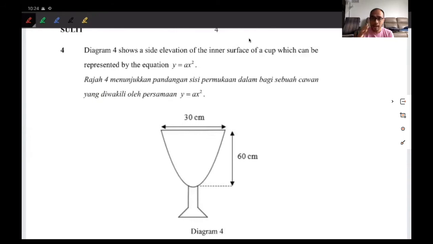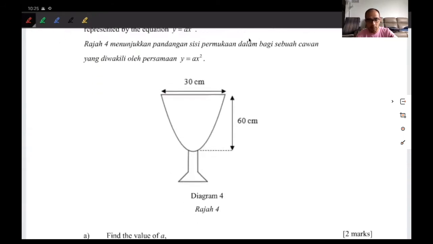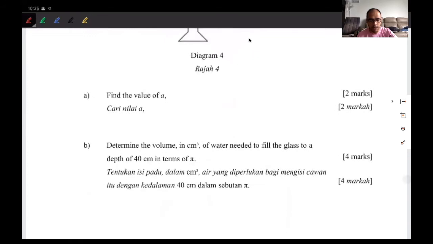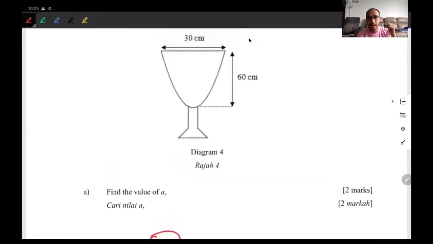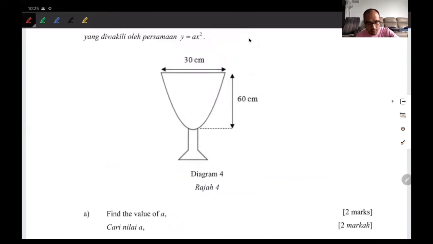Now, whenever I see this one, I know that it's integration, because there's volume and it is in terms of pi. So what I like to do is take the entire bowl and put the y-axis over here and the x-axis over here, so that it tells me a lot of information.